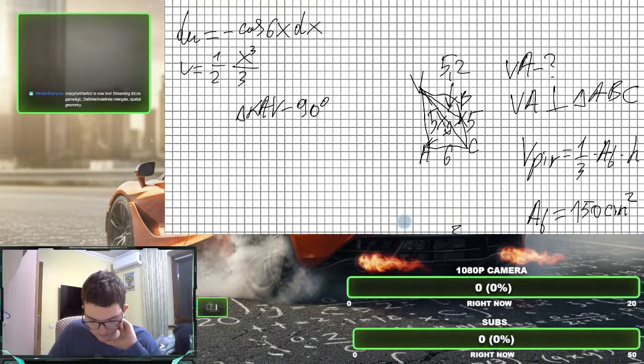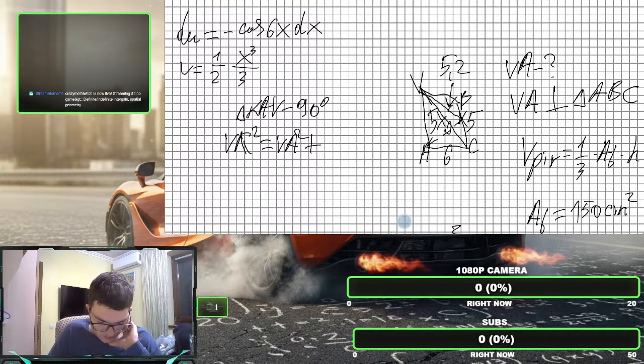So VK should be like the main part. So VK to the second power is equal with VA at second power plus AK at the second power.